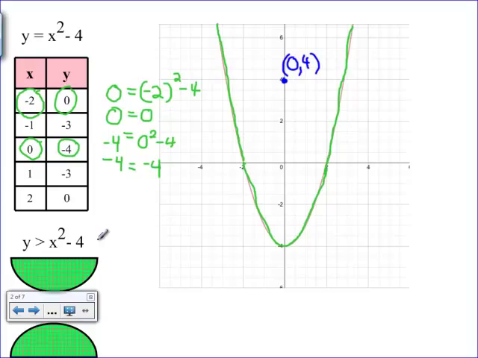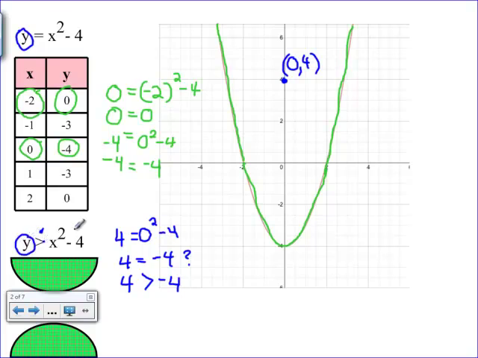So I'm going to put 0 in for the x, and the y value is 4, so I'm going to put 4 in for the y value, and I get 4 equals negative 4? No, 4 is greater than negative 4. Get it? This is what the problem was asking me: show me all the points where the y value ends up being greater than x squared minus 4.